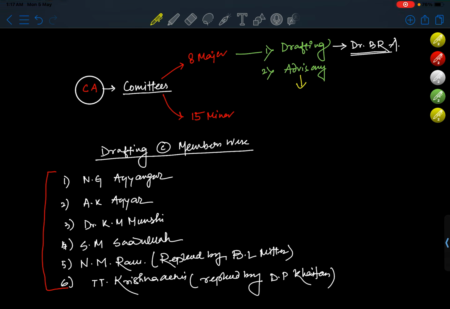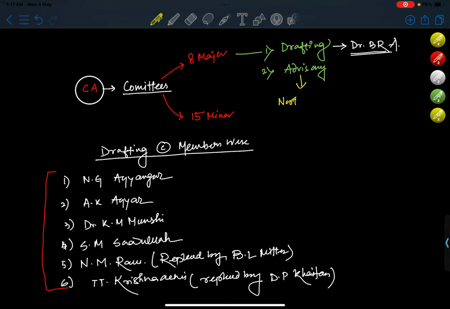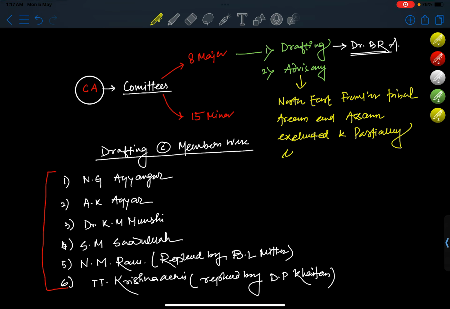One important one for our exam is North East Frontier Tribal Areas and Assam Excluded and Partially Excluded Areas.